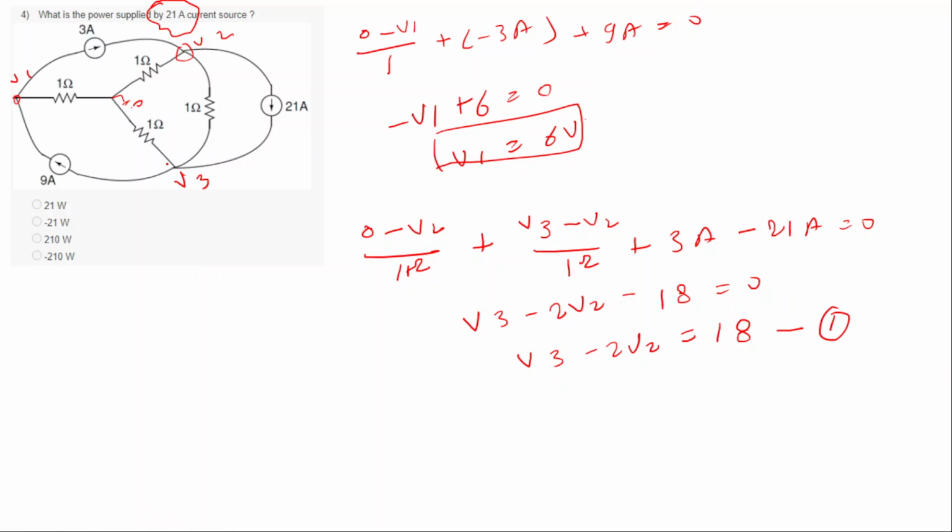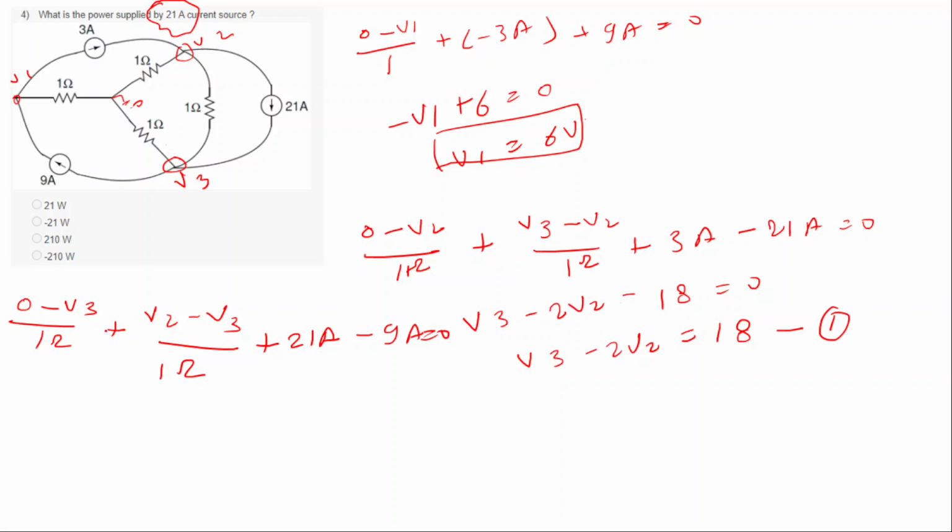Now let's apply the node voltage equation at node 3. At this node, all the incoming current will be 0 minus V3 by 1 ohm, plus V2 minus V3 by 1 ohm, plus this 21 ampere current is incoming, minus this outgoing 9 ampere current, equals 0.